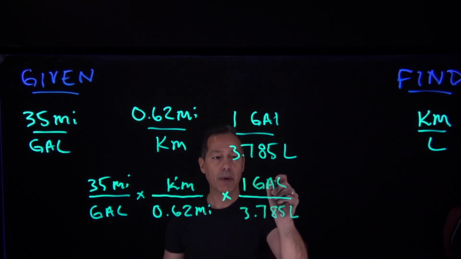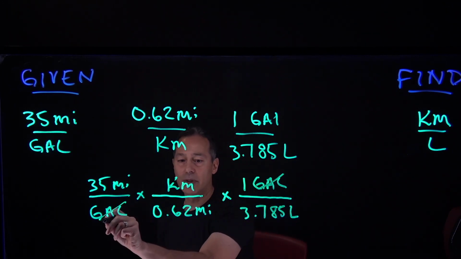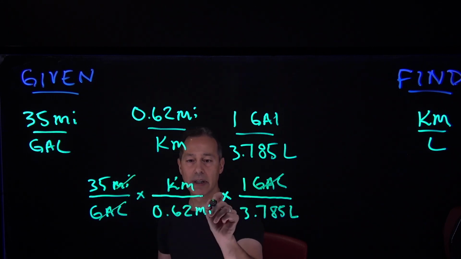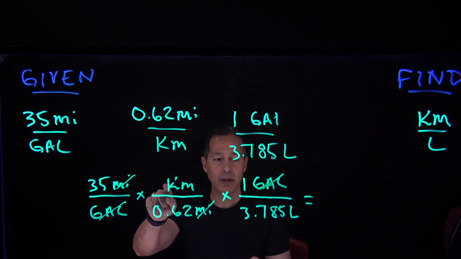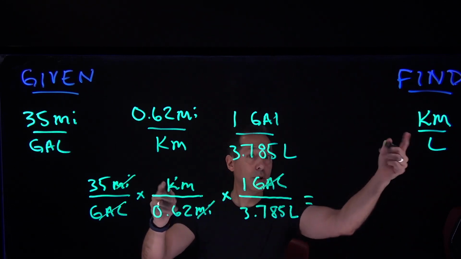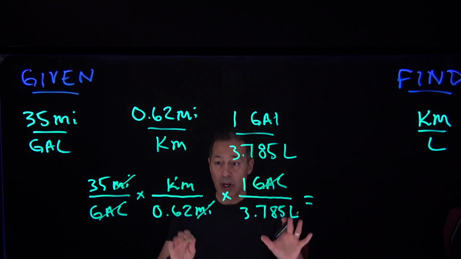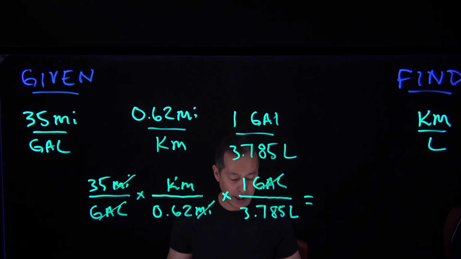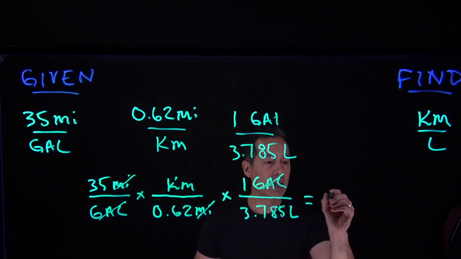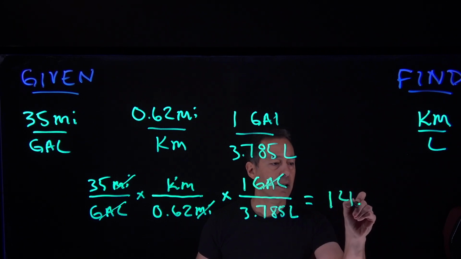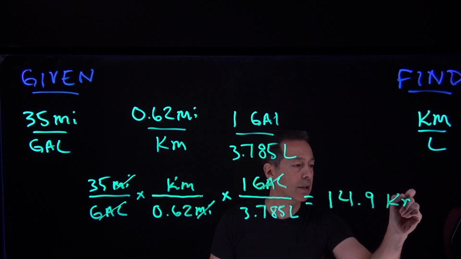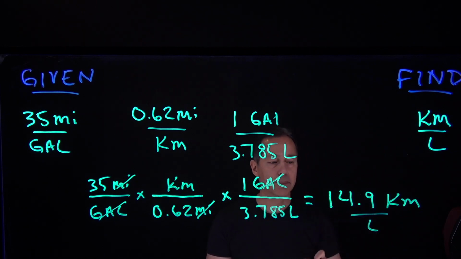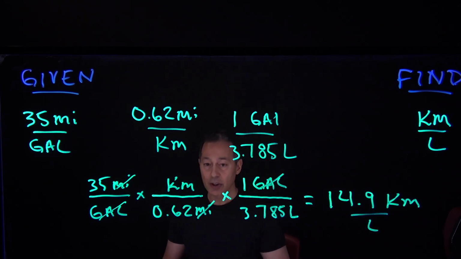And now my gallons cancel, my miles cancel, and what I'm left with is kilometers per liter, which is what I want. So now I could put this into my calculator and get some number. And when I did this, I got 14.9 kilometers per liter.